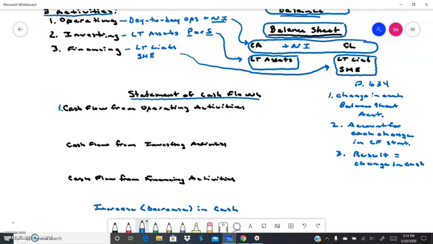The first category is the cash flow from operating activities. Second category, cash flow from investing activities. Third category, cash flow from financing activities. And the sum of all those should give us the increase or decrease in cash. And that will be from year to year. The change in the cash balance will be that amount.